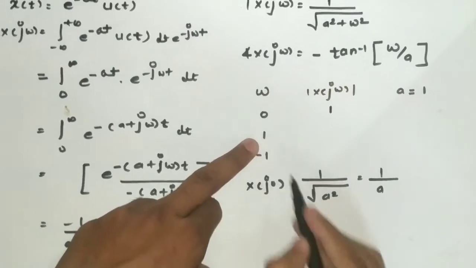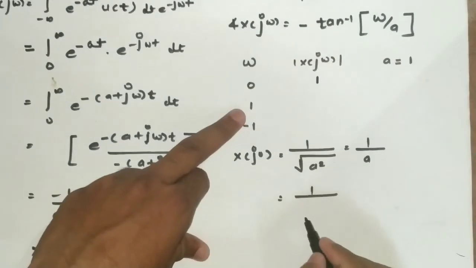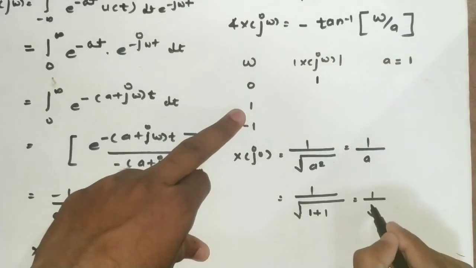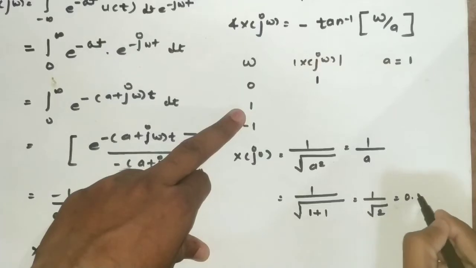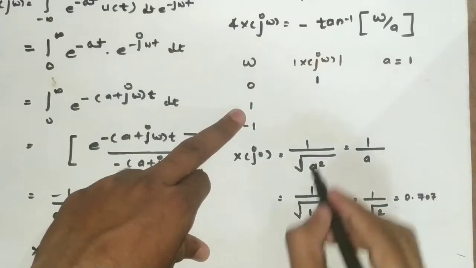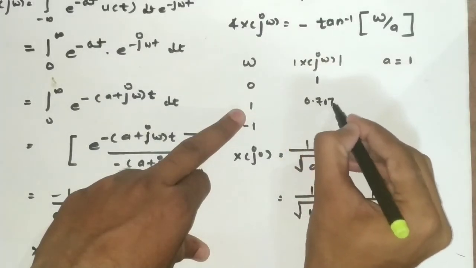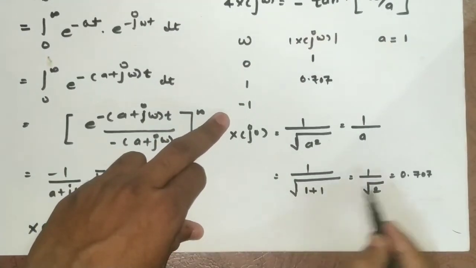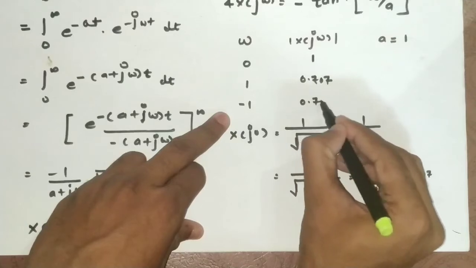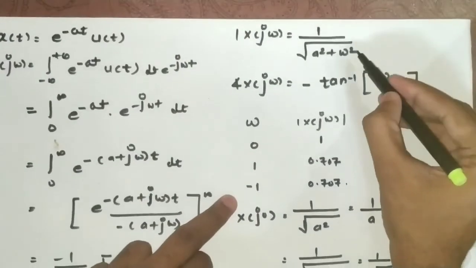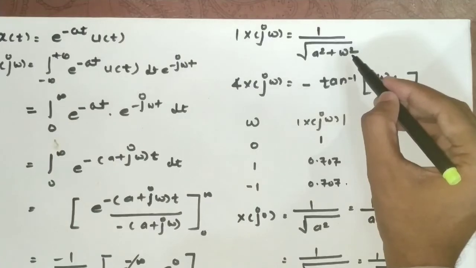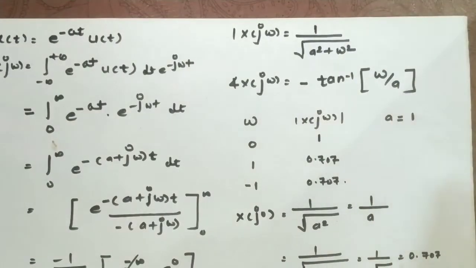Similarly for 1, this will be 1 upon under root a square is 1 plus 1, that will be 1 by root 2. That value will be approximately 0.707. Similarly for -1, as it is a square term, 1 plus 1 again, the same 0.707. Now if you analyze this carefully, this is omega square. So even if I take omega value negative or positive, the result will be the same. The magnitude is going to be the same.